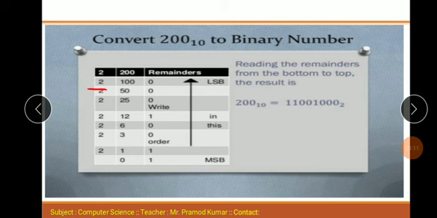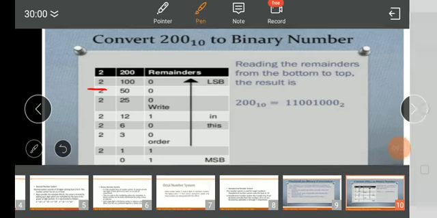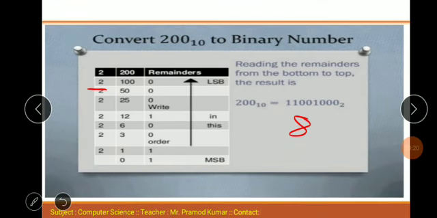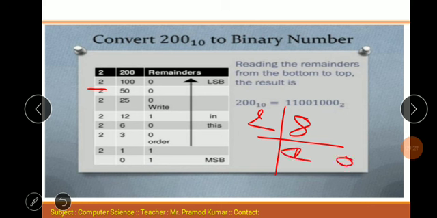A simple example here. Suppose you want to convert the decimal number 8 to a binary number. You divide by 2: 2 fours are 8, remainder 0. Then 2 twos are 4, remainder 0. Then 2 ones are 2, remainder 0.